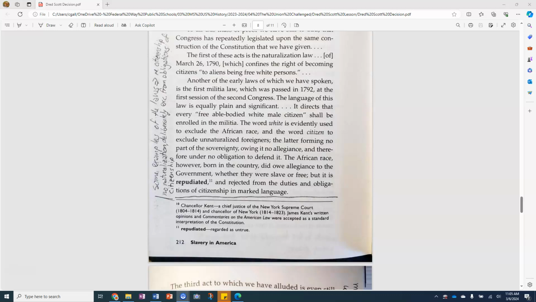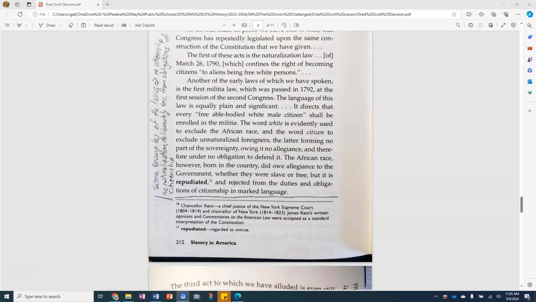It says, which was passed in 1792 at the first session of the Second Congress. And he says it's equally plain and significant. Okay? So it's giving us still more strong evidence. And he quotes free, able-bodied white male citizen. He pulls out that little bit of text from the longer law.